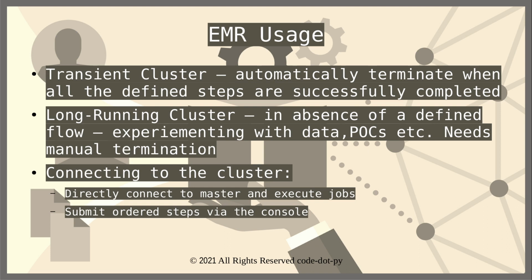This cluster needs a manual termination. It does not have an automated cycle like a transient cluster. The way we can connect to the clusters is in two ways. One is we directly connect to the master node and execute the job, and second is we can submit ordered steps via the AWS console, and then the steps will execute.